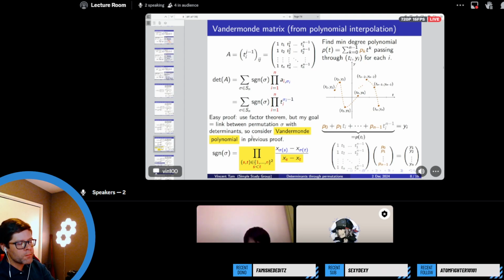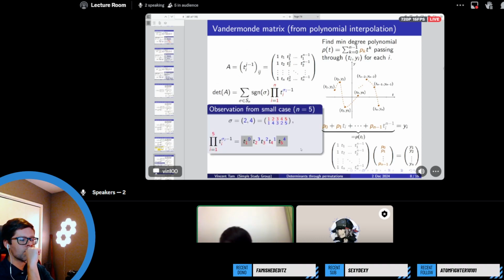That's why we will start from the Vandermonde polynomial. From our previous discussion, we know that the sign of a permutation can be expressed as the ratio of two Vandermonde polynomials, like this.